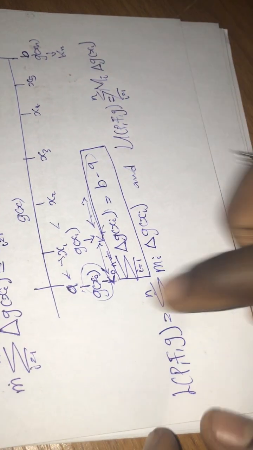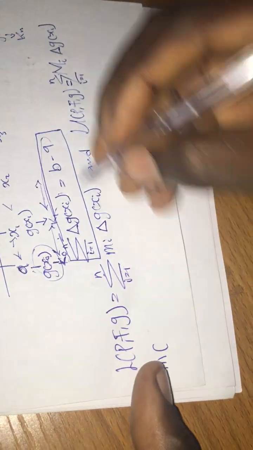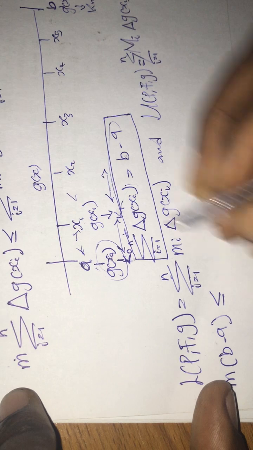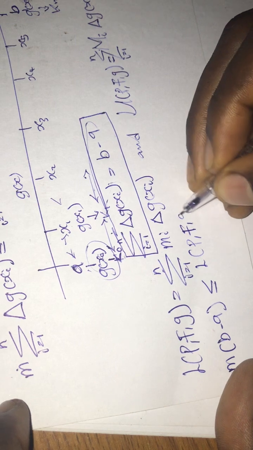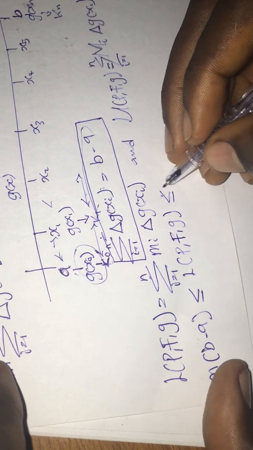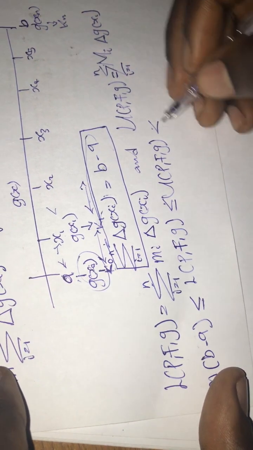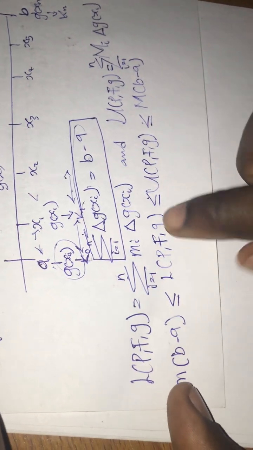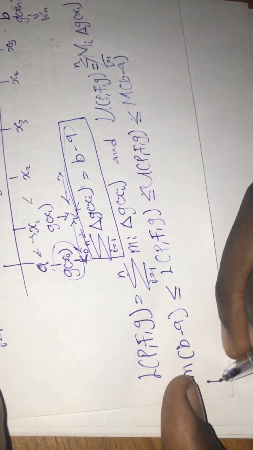Do you get it? Now putting this together from this part, we are going to have m times g(b) minus g(a), which is less or equals to L, the lower sum, which is less or equals to U(P,f,g), and this is less than M times g(b) minus g(a).